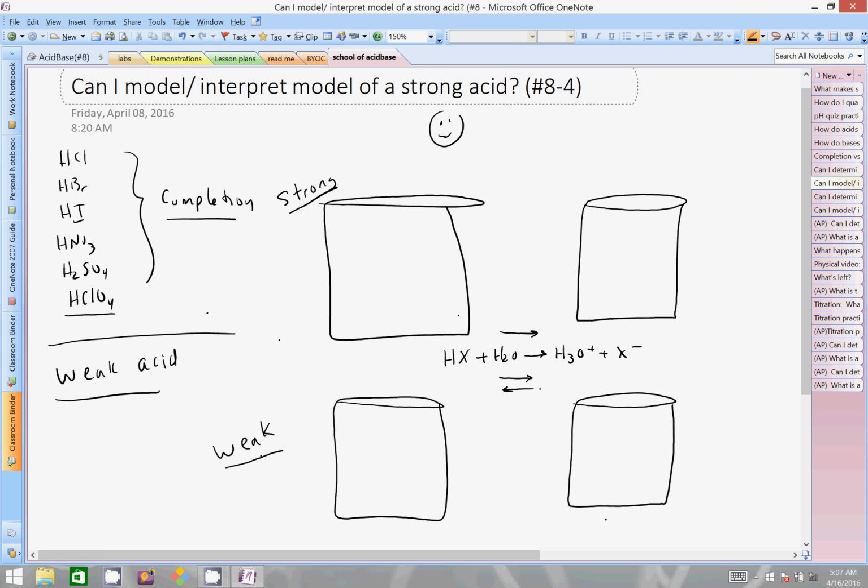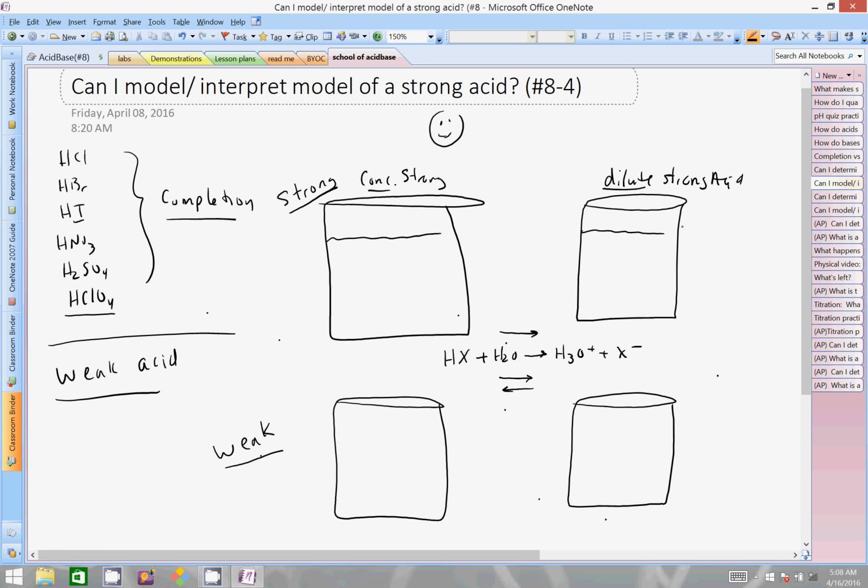So it's kind of an all-or-none situation. For the strong acids, let's draw those out: a concentrated strong acid and a dilute strong acid. The concentration has nothing to do with the strength. That's how many you start with.